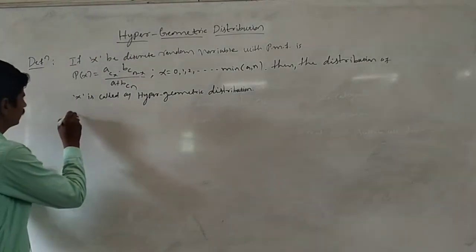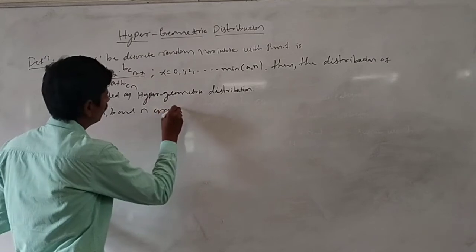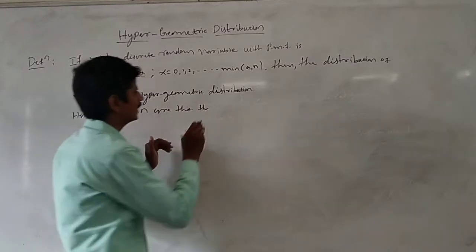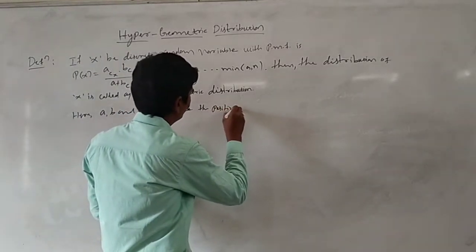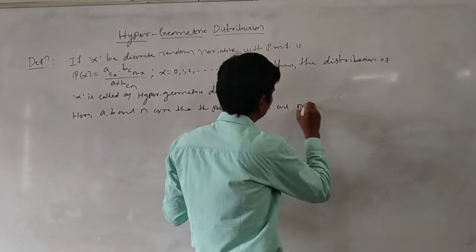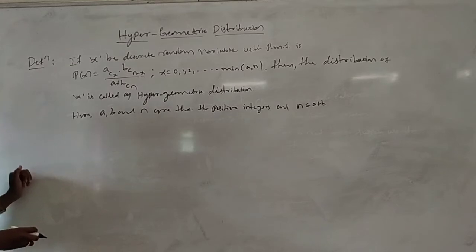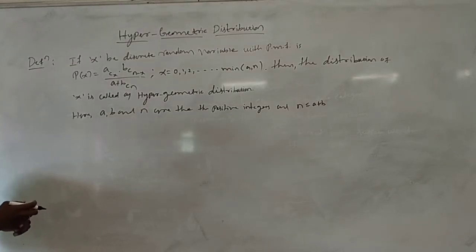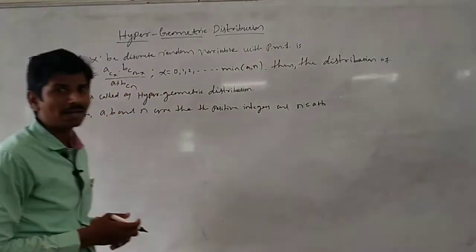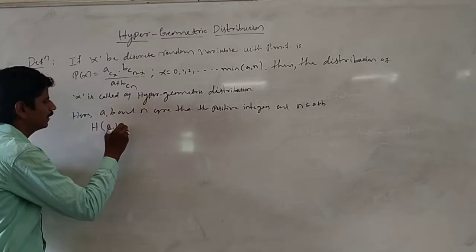Here A, B and n are the three parameters of the hypergeometric distribution. A, B and n are positive integers and n is less than or equal to A plus B. The hypergeometric distribution with the parameters A, B and n is denoted by H of A, B, n.